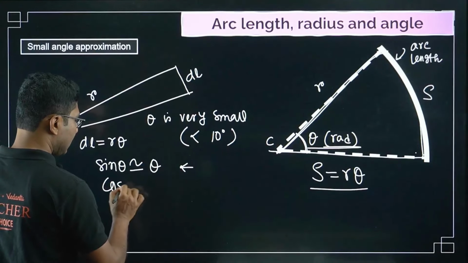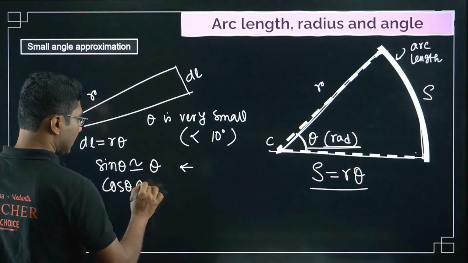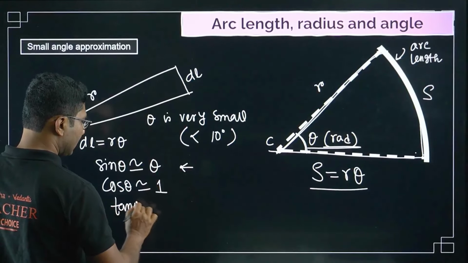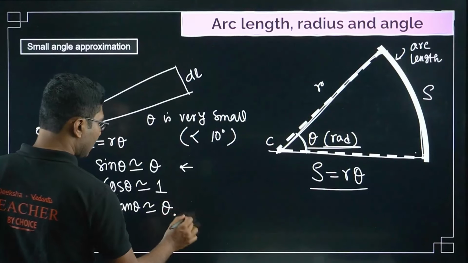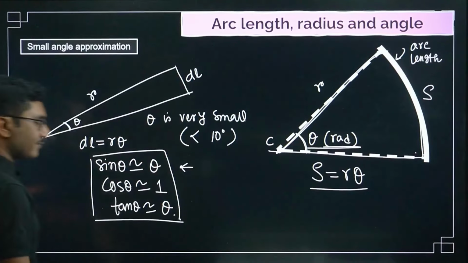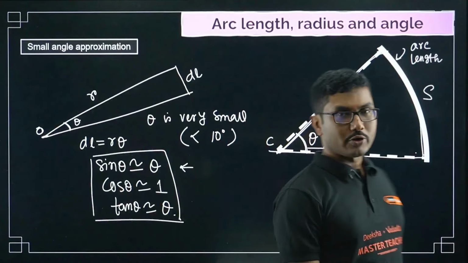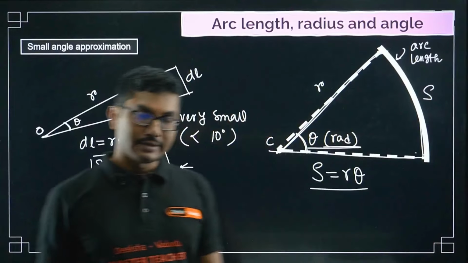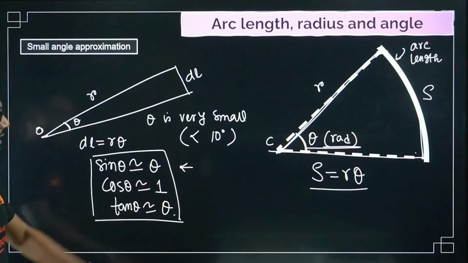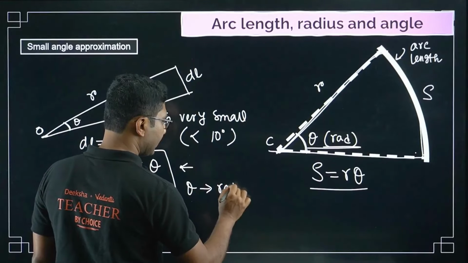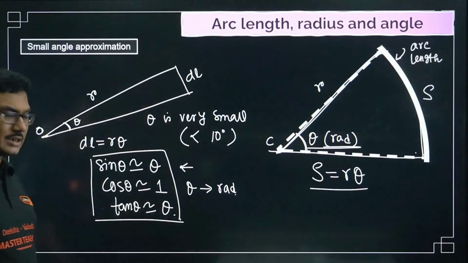Cos theta is nearly equal to 1 and tan theta is also nearly equal to theta. So this is the small angle approximation. If the angle is very small, you can approximate sin theta as theta, tan theta as theta, and cos theta as 1. Here theta must be in radians.